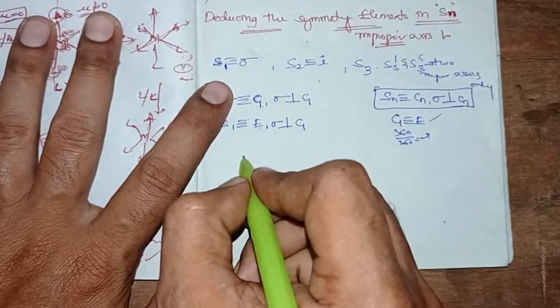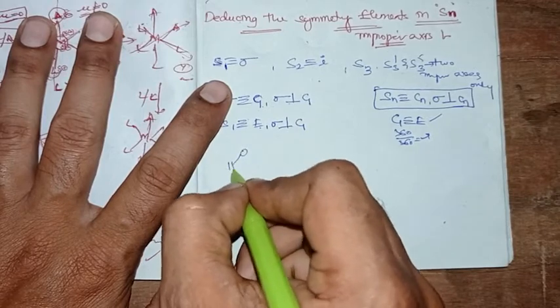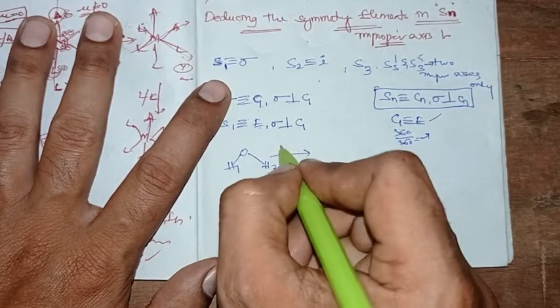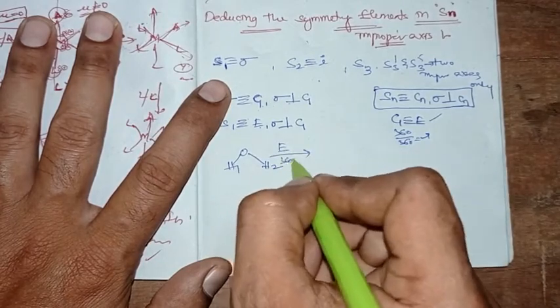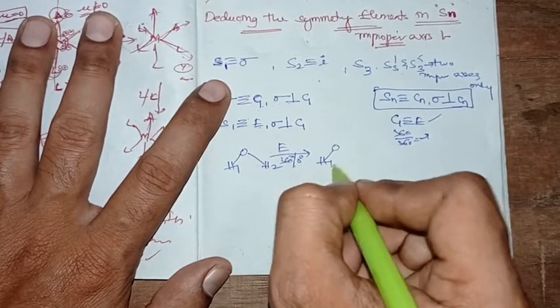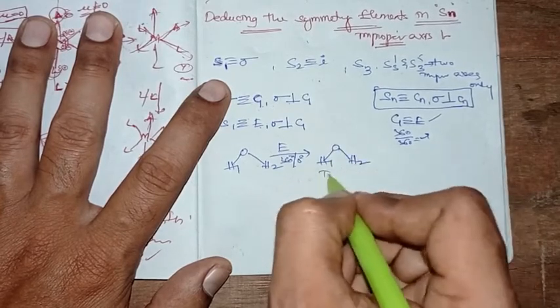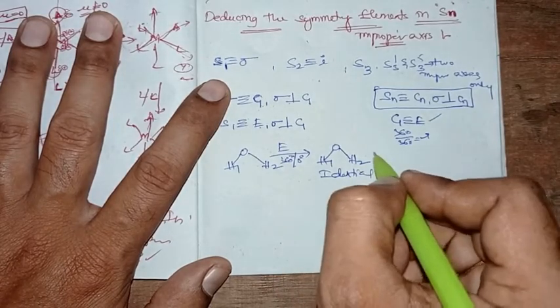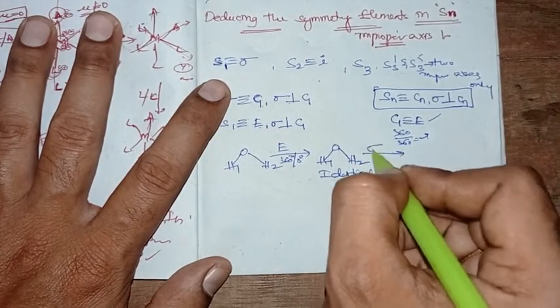So when we apply identity and a plane of symmetry to a molecule, taking an example of water, we do identity, which means 360 degrees of rotation or 0 degrees of rotation. What happens? An identical configuration is generated. After which we apply a plane.